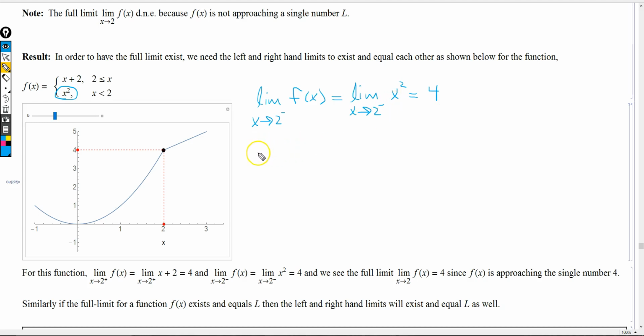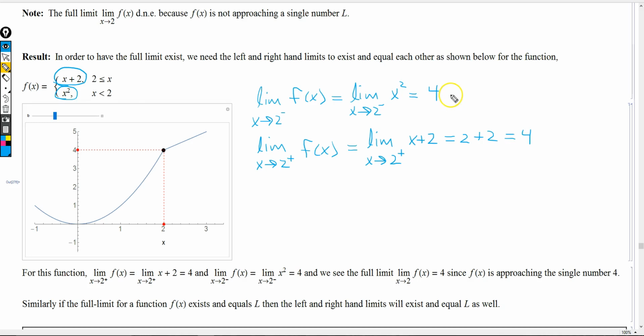And the right hand limit. Now when x is larger than 2, we have to use this piece. So I put that in. Now I can just plug the 2 in here for x. We get 2 plus 2, which is 4.